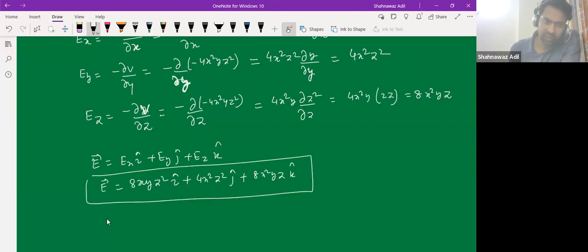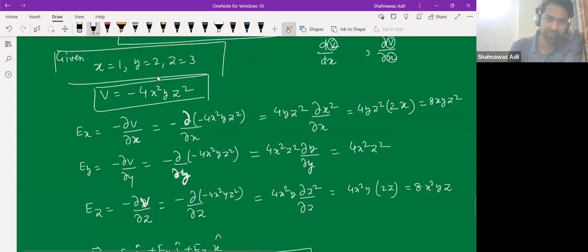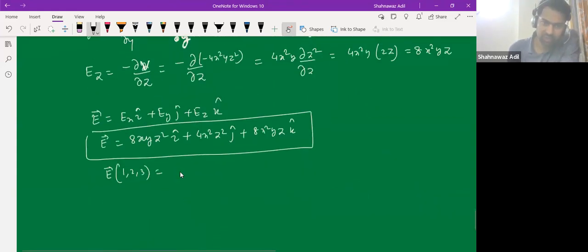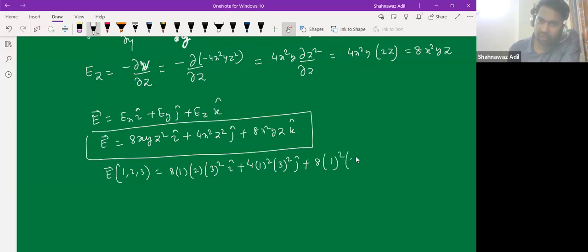Now we have to find out the electric field at the given point, right? This was the value of x, y, z. So x we have to put 1, y we have to put 2, z we have to put 3. Similarly x is 1, y is 2, z is 3. So this is 9, 9, 2, and this is 16.